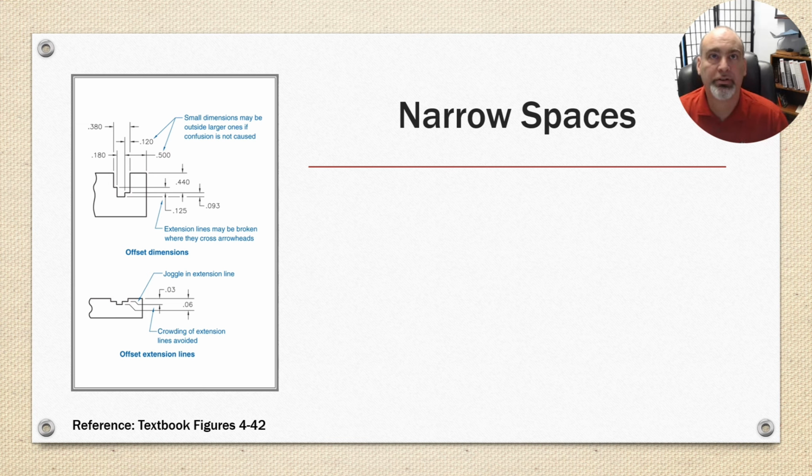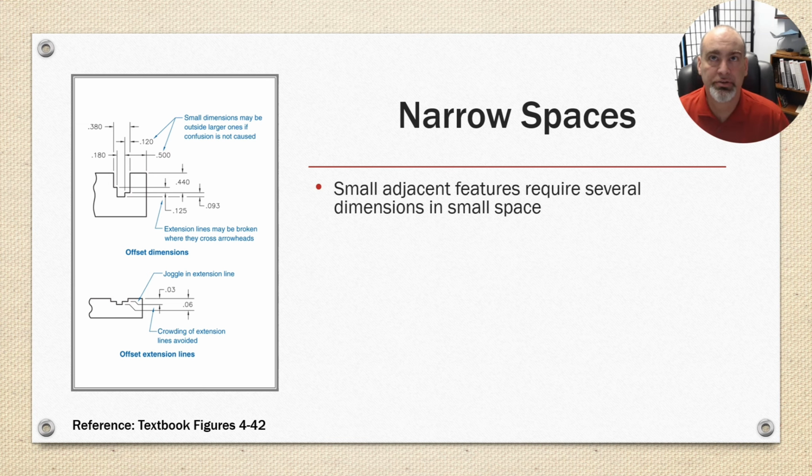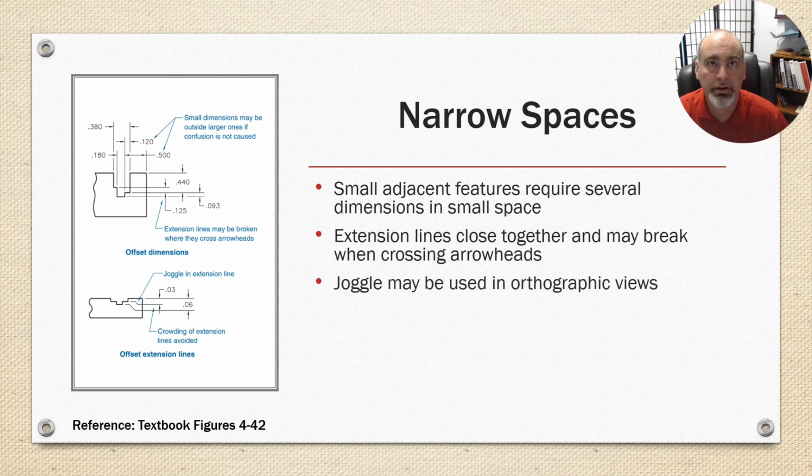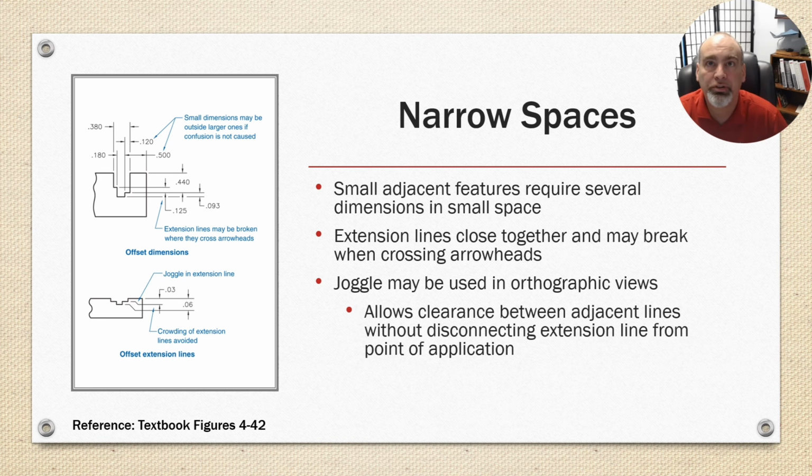Narrow spaces. Small adjacent features require several dimensions in a small space, then extension lines close together may break when crossing arrowheads, as shown on the left. You can also use what's called a joggle in the extension line in an orthographic view. It allows clearance between adjacent lines without disconnecting the extension line from the point of application.